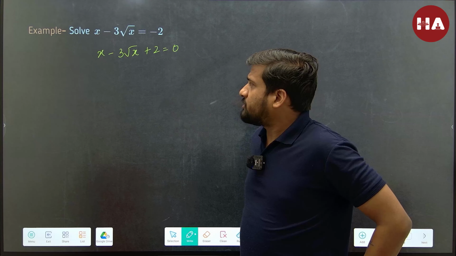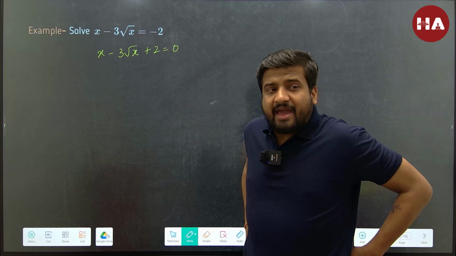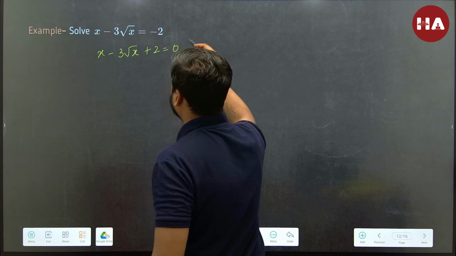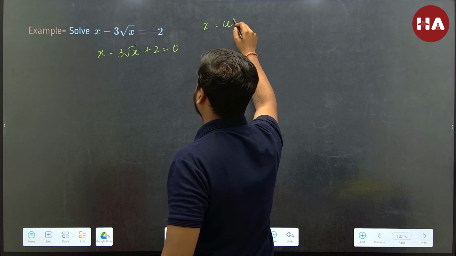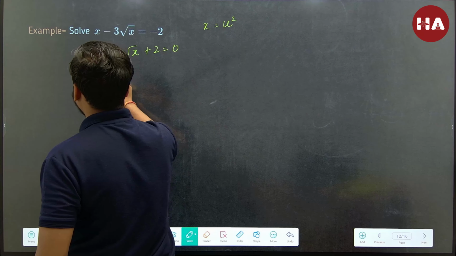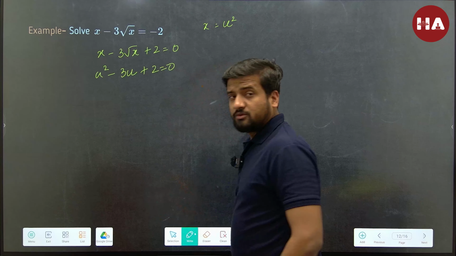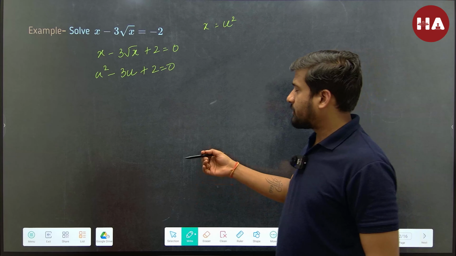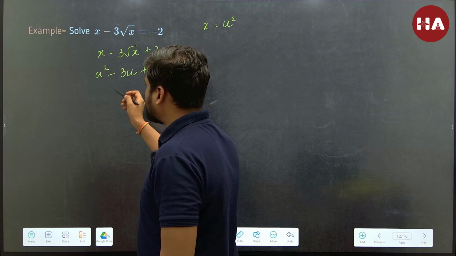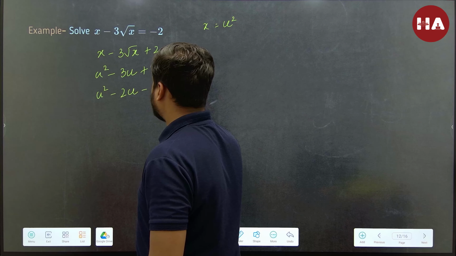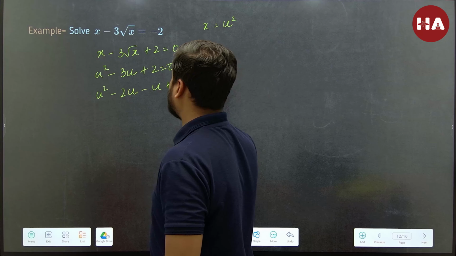Now what we are going to do is substitute x as u square. So if I substitute x equals u square, what will I get? u square minus 3u plus 2 equals 0. Okay. So let's use splitting the middle term. u square minus 2u minus u plus 2 equals 0.